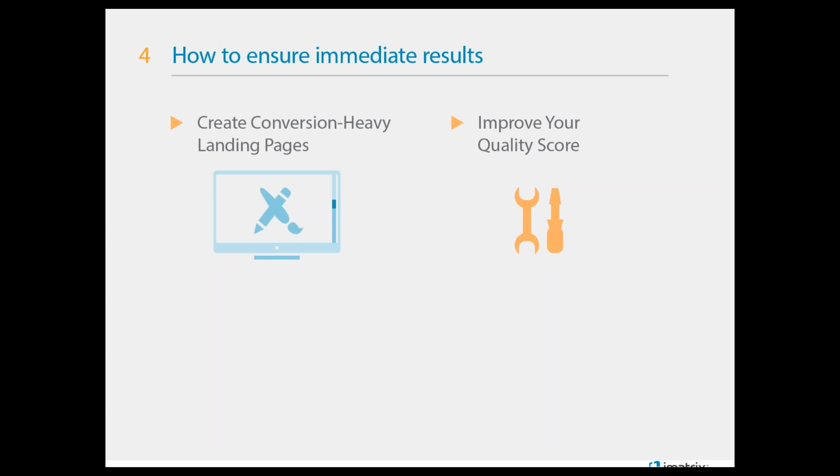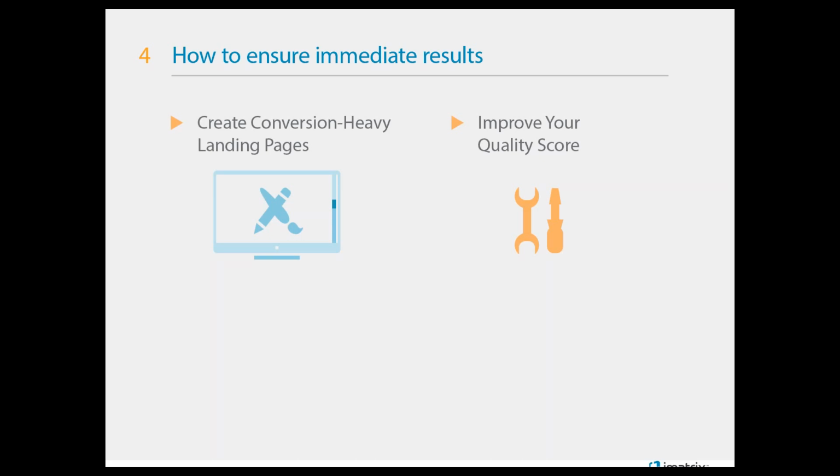The other thing that we want to do is improve our quality score. We already talked a little bit about our quality score. It is the secret, or one of the secrets, to driving down costs for your ads, potentially lowering your cost per click, and again, maximizing that investment.